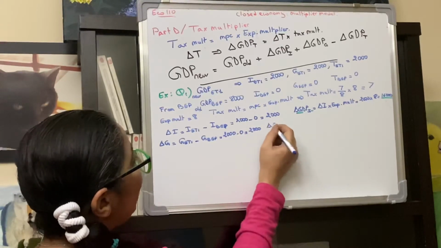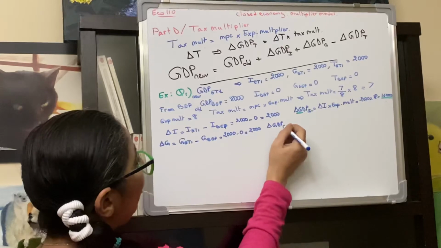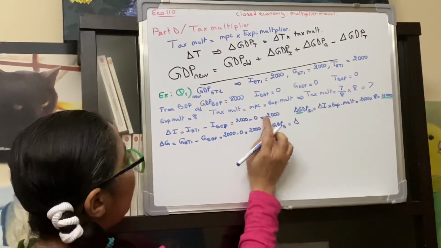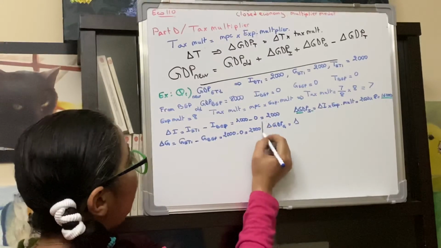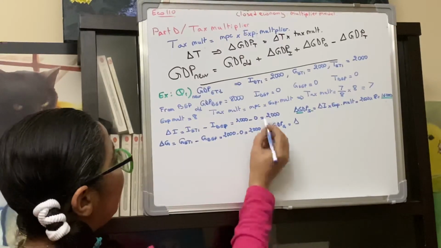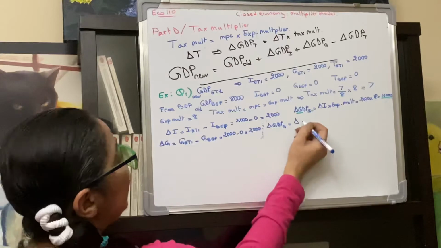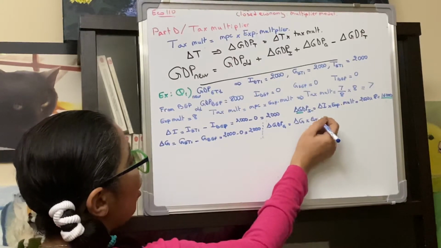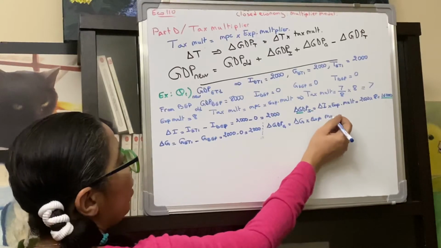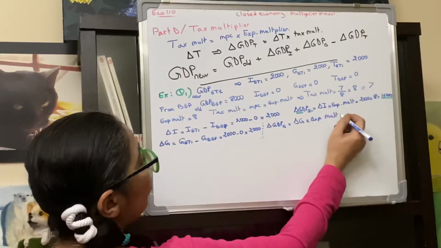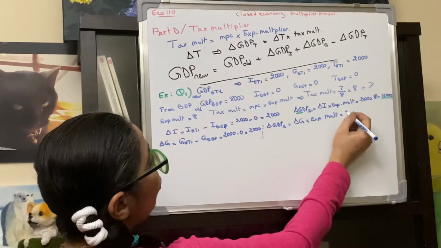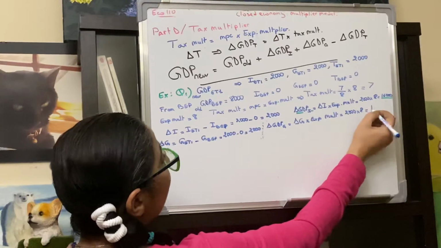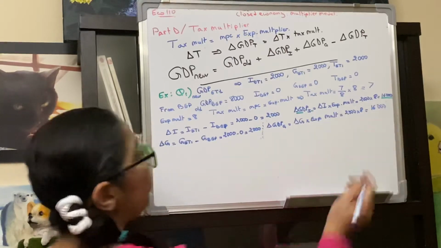So delta GDP due to G is equal to delta G times the expenditure multiplier, which is equal to 2000 times 8, which is equal to 16,000.